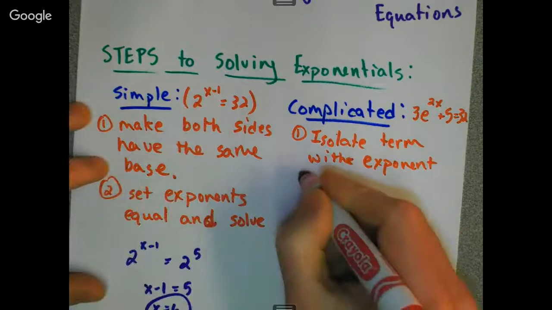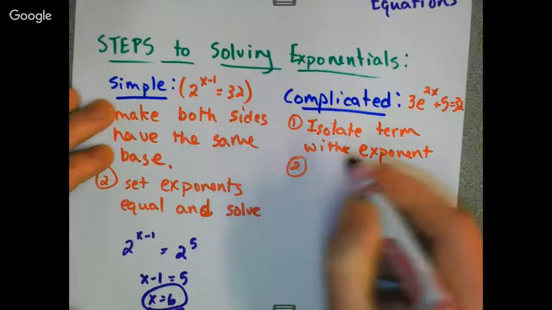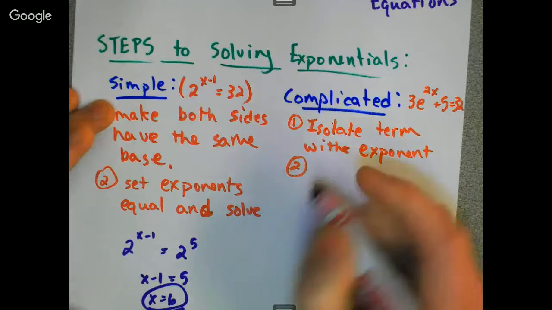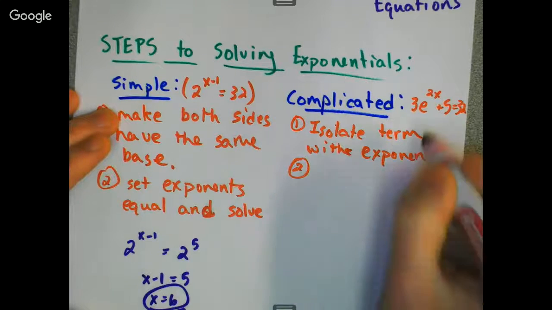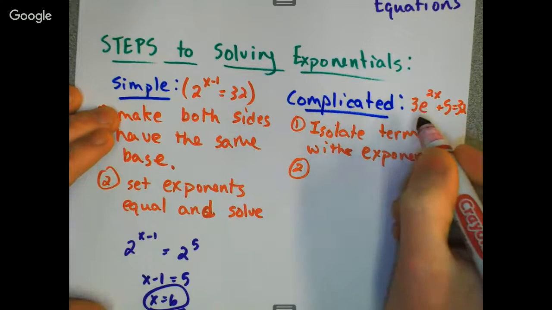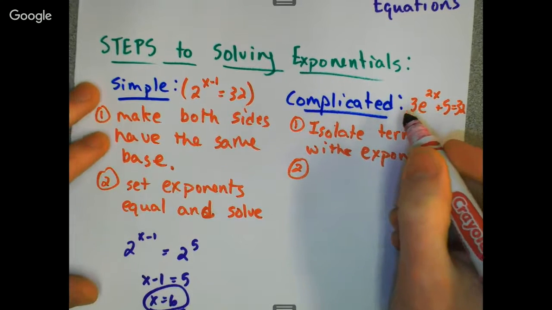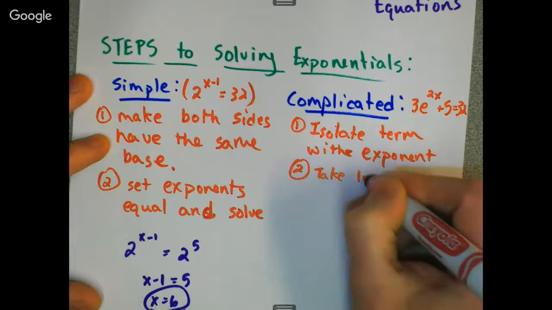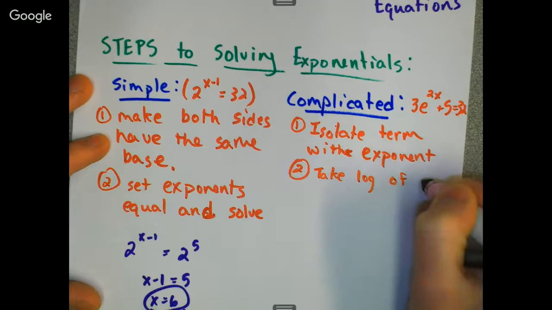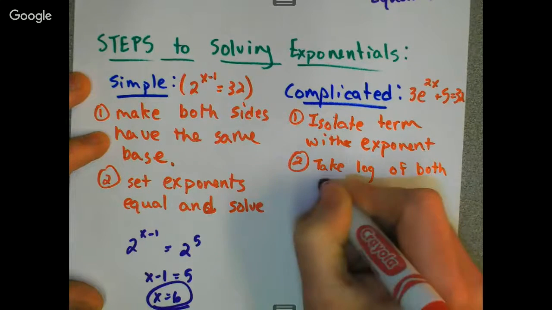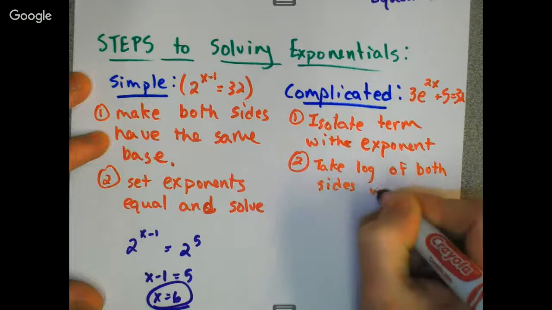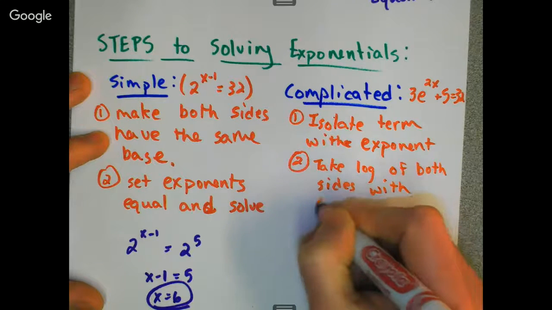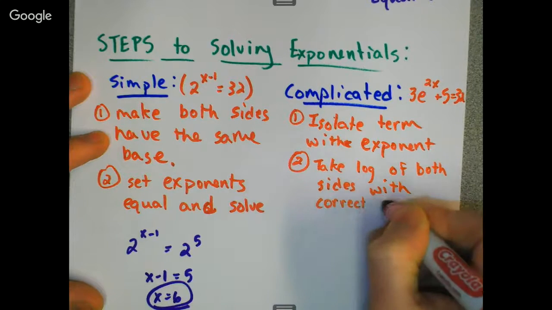Step two will be take the log of both sides with that base. So like here's base e, so I want to take the log of both sides with base e. Take log of both sides with the correct base.